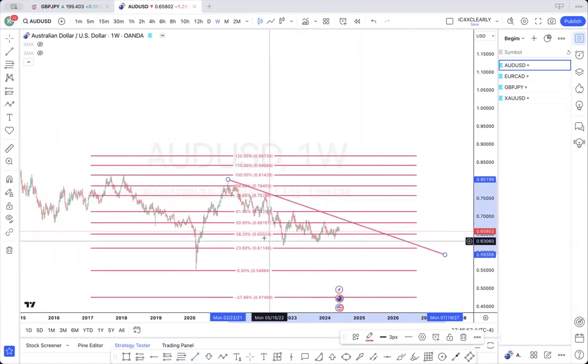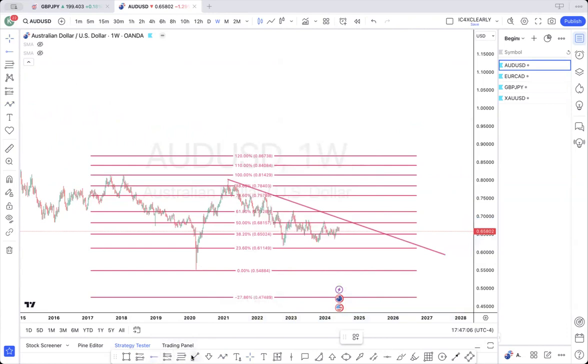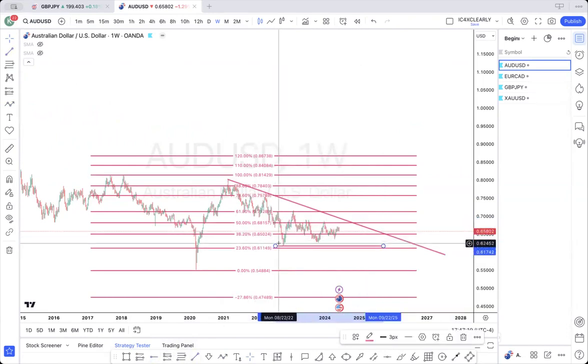Based on that, I would be expecting price to pull back somewhere up in here to possibly continue selling and break this low here, because this was the last swing.